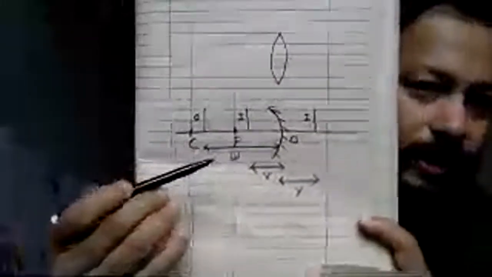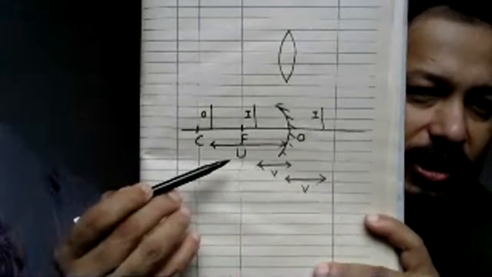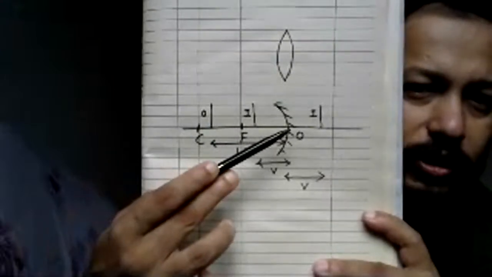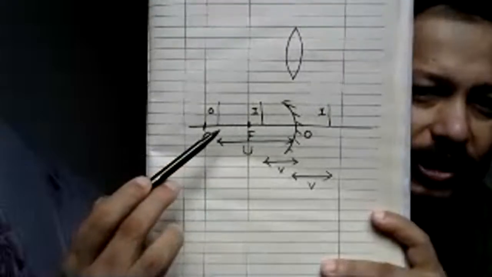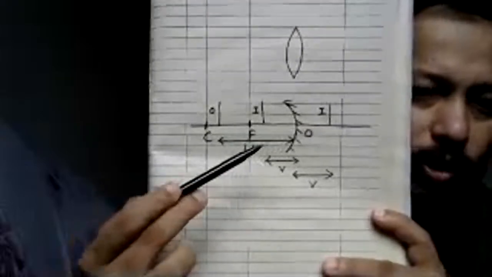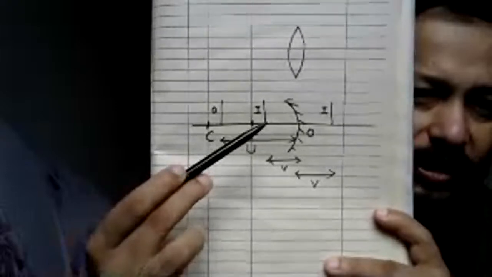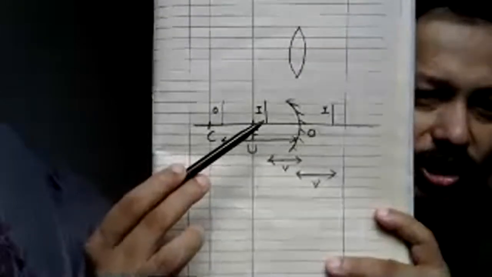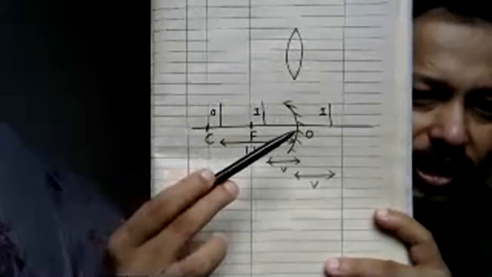Got it? So in this way, I can say that this is my U and this is my V. Try to understand what is U, what is V. U is the object distance, the distance between the object and the pole.